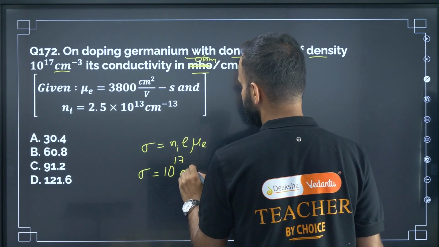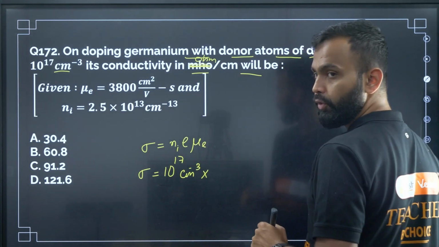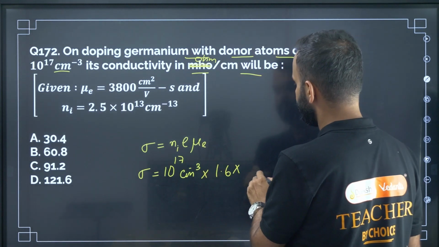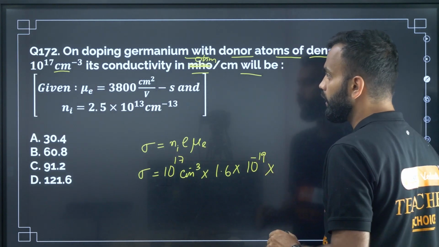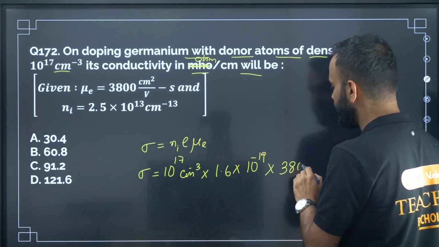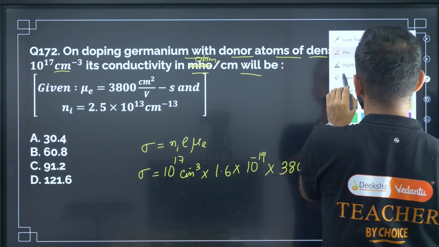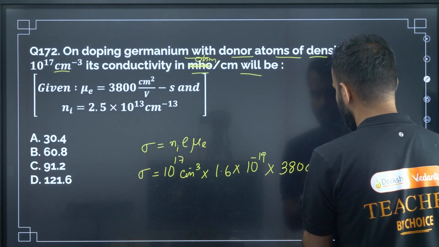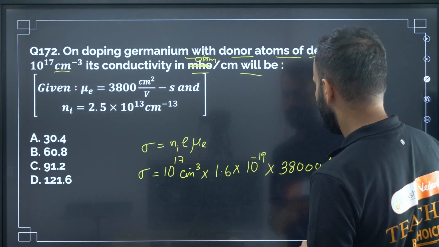Then the value of e is 1.6 into 10 to the power minus 19 coulomb, into mu e, which is 3800 centimeter square per volt second.